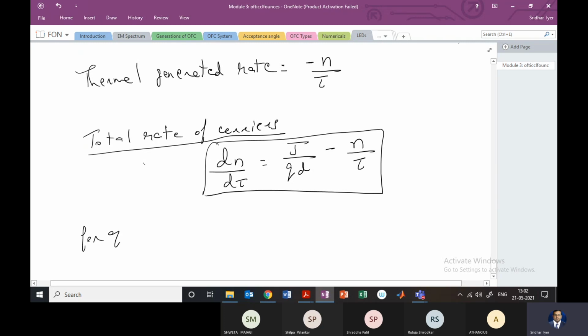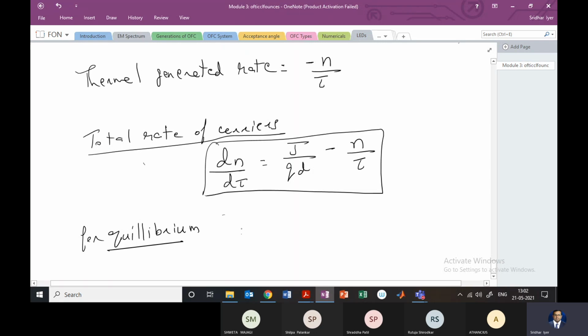Now for equilibrium, obviously what we need is that the carriers are going to be constant, or there is going to be steady state in that particular equation. So in that case, the electron density, or how many carriers are there in the active region, this needs to have constant current flowing through it, right?